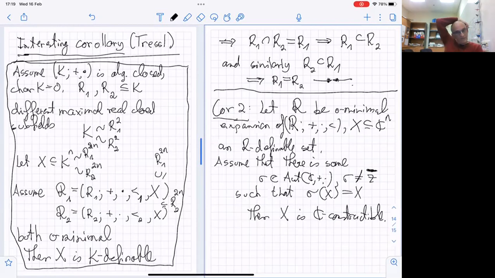The set of algebraic numbers is invariant under all automorphisms as a set, but it's not a constructible set. You need to know more than that. And here it's enough to have just one automorphism which is different than complex conjugation, and the set will become constructible.